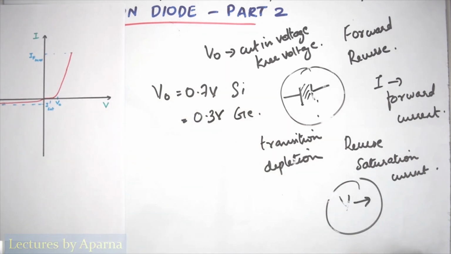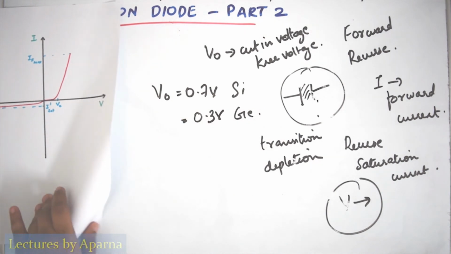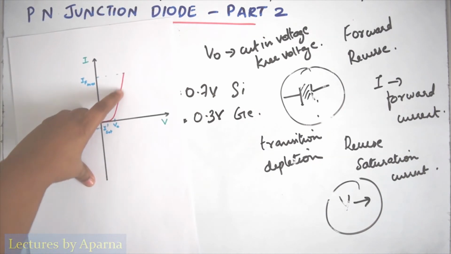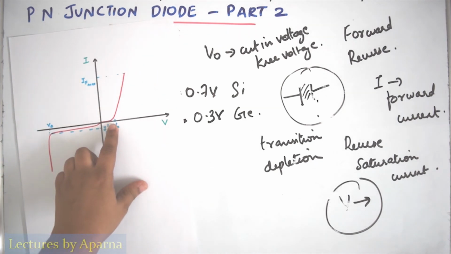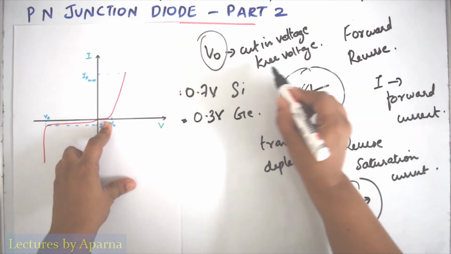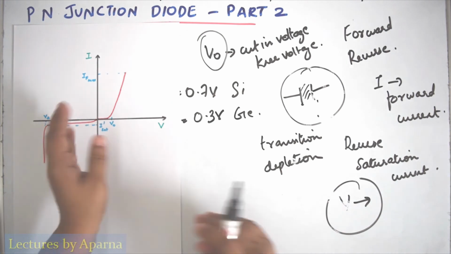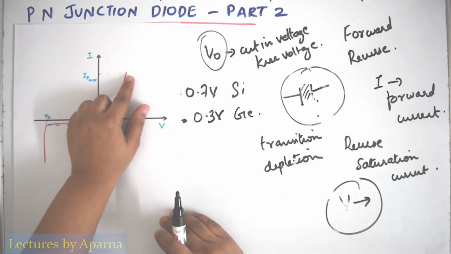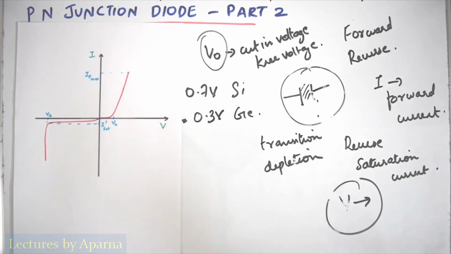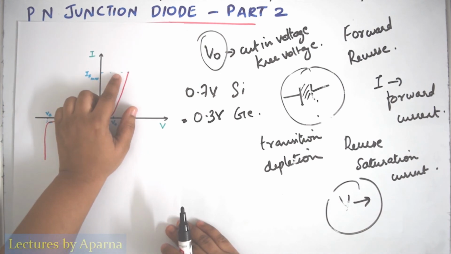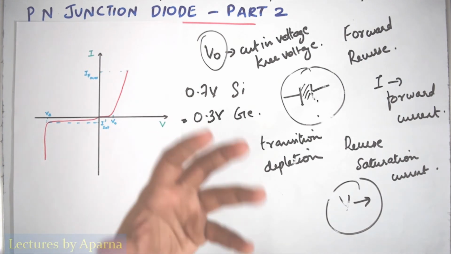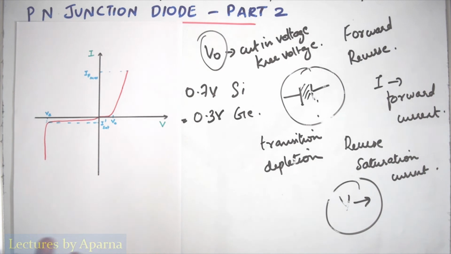That is, when the forward bias voltage overcomes the potential barrier, current will start flowing through the diode. This voltage is known as the cut-in voltage or knee voltage. Now if the forward current reaches a very high value, the diode will not be able to handle the heat that is produced.